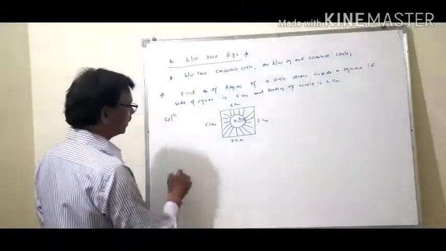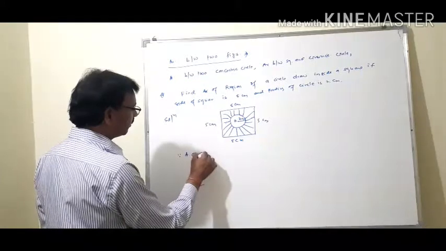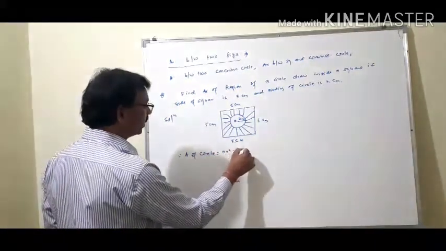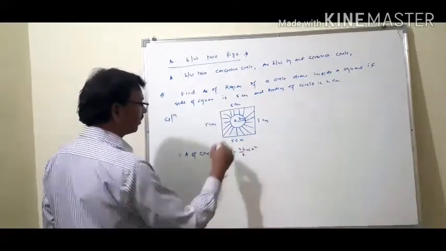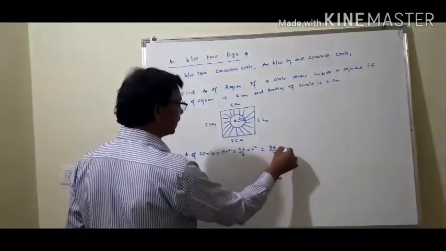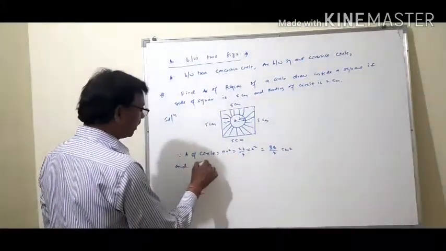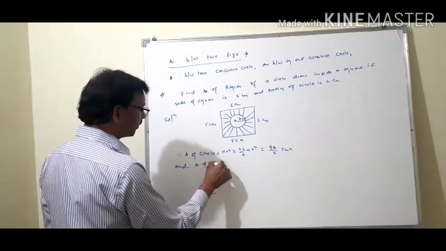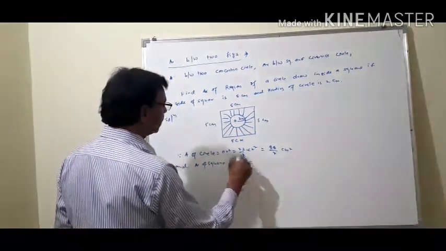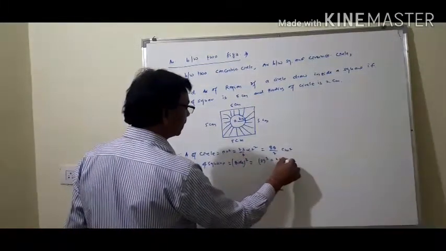Now in this question, since the area of the circle equals pi r square, equal to 22 upon 7 into square of 2, this will be 88 upon 7 centimeter square, and the area of the square is equal to the square of the side, that means the square of 5, equal to 25 centimeter square.